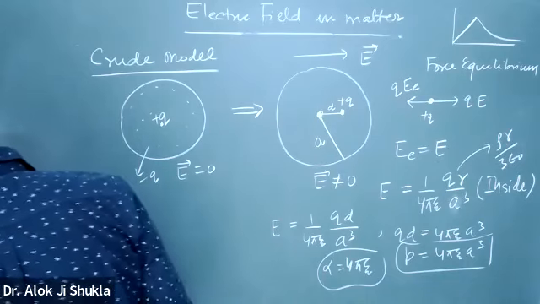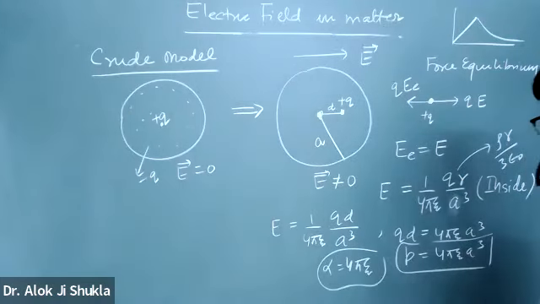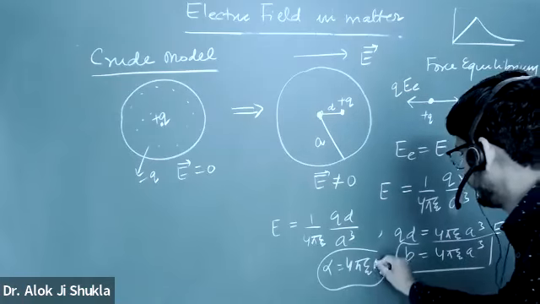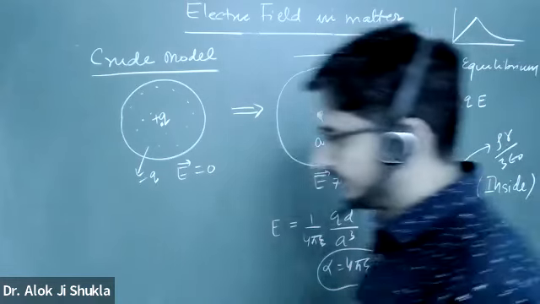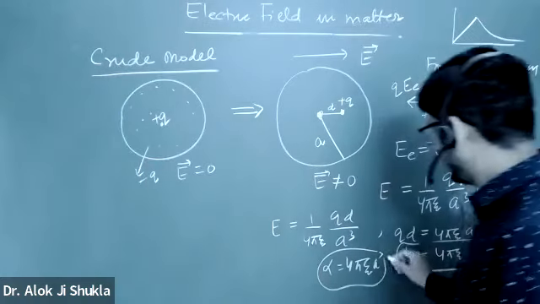Q is equal to 4 pi epsilon naught A cube E. Sorry. So P will become 4 pi epsilon naught A cube into E. So compare it with P is equal to alpha E. You will get alpha is equal to 4 pi epsilon naught A cube. Clear?